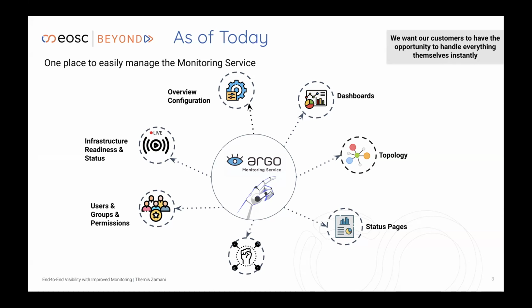By the time the tenant, the instance of the monitoring service for the customer, is provisioned, the customer with specific permissions can handle everything themselves instantly, and they have new functionalities like dashboards, topologies, status pages, capabilities. They can also manage their members in different groups and give them specific actions to do. And you can have a live status of the infrastructure.